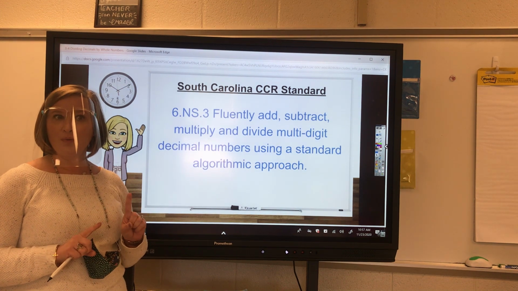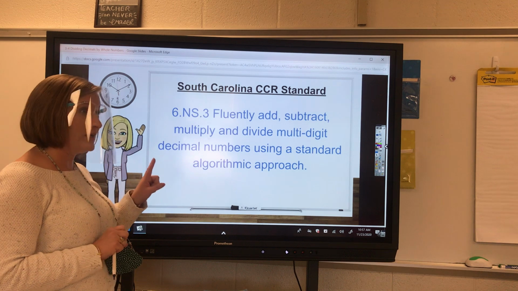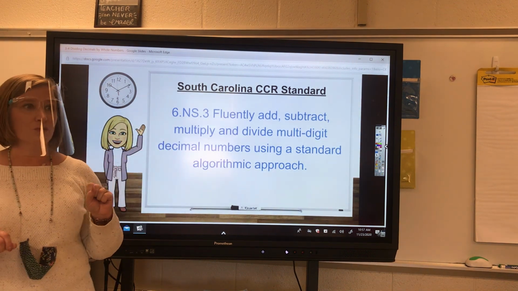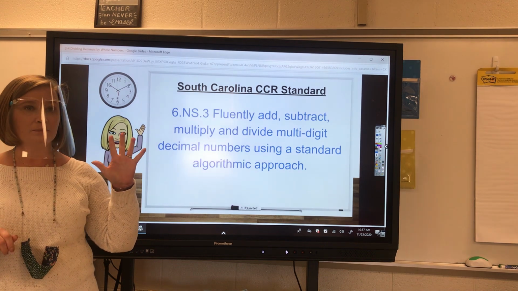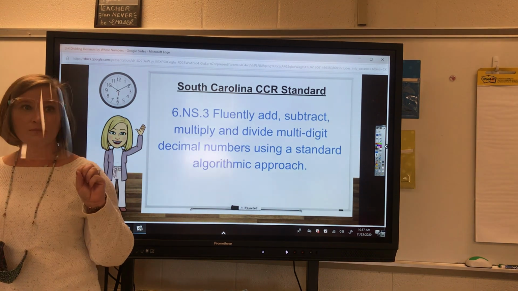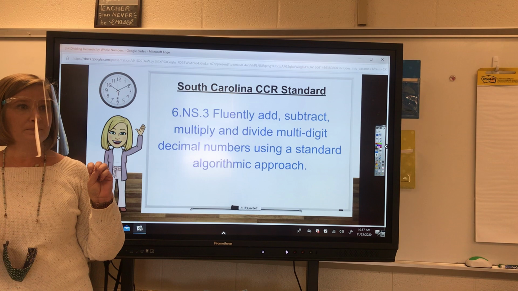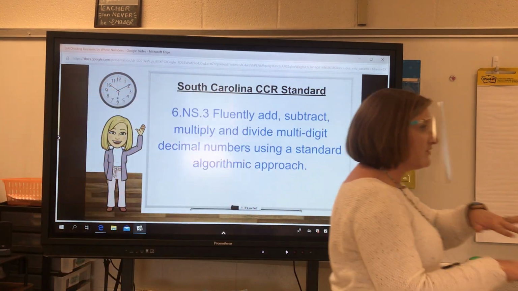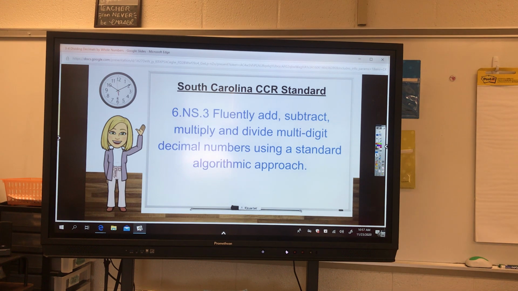Is it the combo of both? Okay, so we need to work on that. Do you think that you can multiply decimals? Fist of 5. 1.5. Okay.